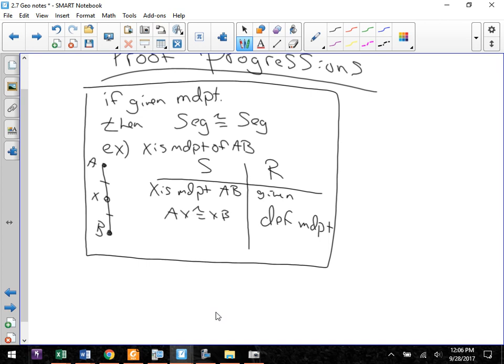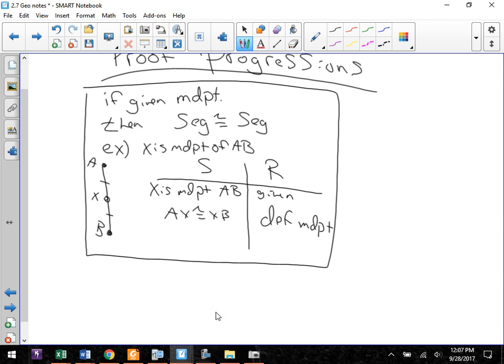This puts it on paper, and you can go back and reference this and say, all right, I have a midpoint, and midpoint tells me segment congruent to segment, and that's what it should look like. Okay? Yeah, perfect.